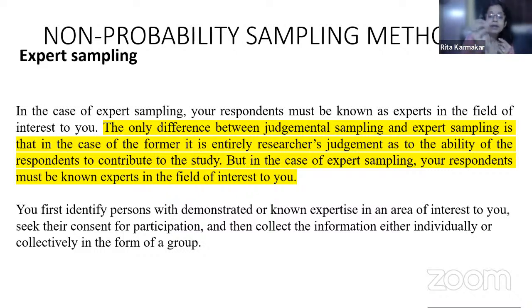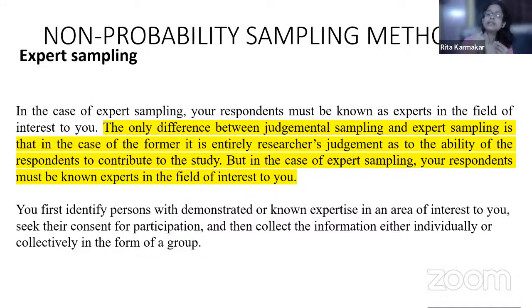Here, in case of expert sampling, your respondents must be known experts in the field that interests you. So there is a difference. In one case, the researcher is making a judgment.